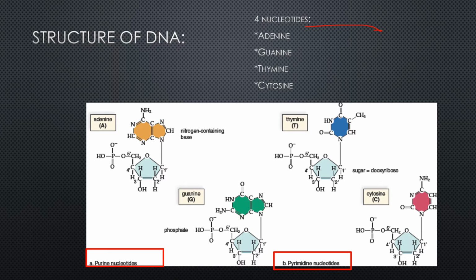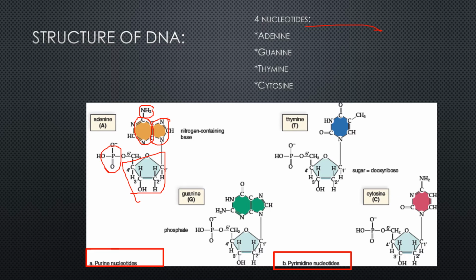Our purines have the double ring here. And here is our deoxyribose, our phosphate group, and for adenine, we have this double ring right here with the nitrogen right there, the amine group.